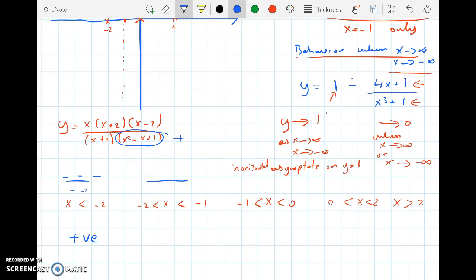If we look at between the values minus 2 and minus 1, we can see that the first one is certainly still negative, because that's just x, any number. The second one will be positive now, because we're adding 2 to it. So for example, minus 1.5 add 2 is equal to 0.5. But this one's certainly negative, and this is certainly negative, and the other one is always positive anyway.